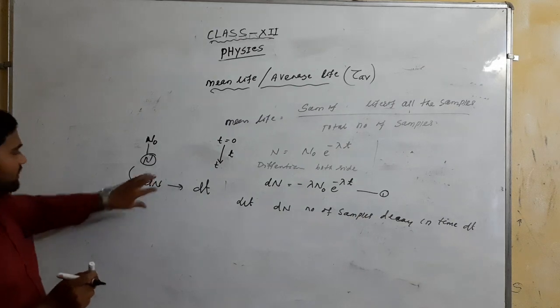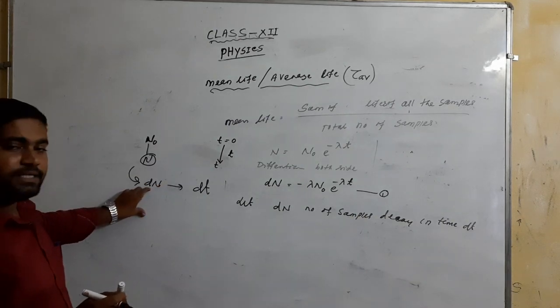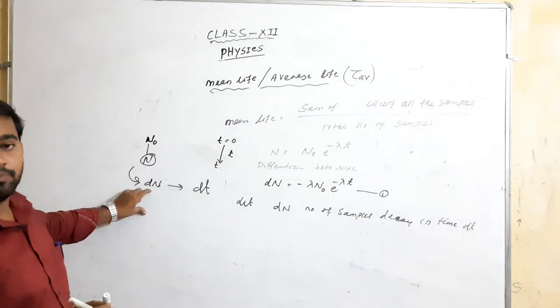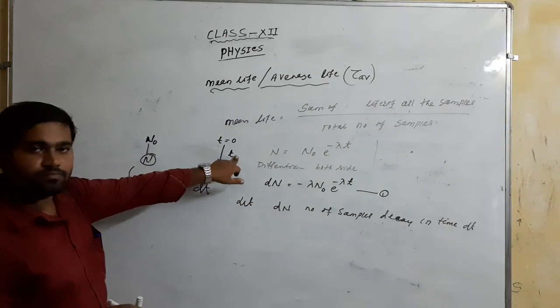So the lifetime of dN atoms before decay is t.